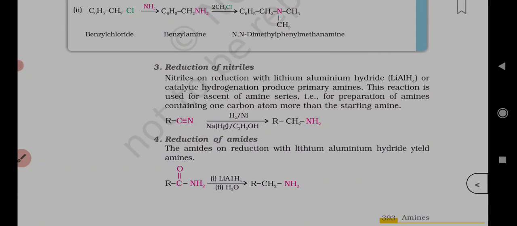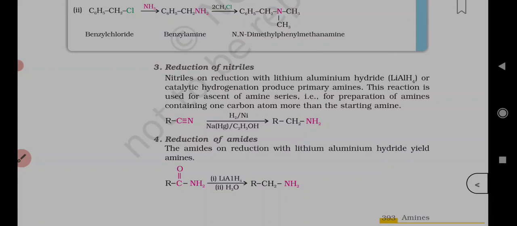Instead of hydrogen, K+ will be there, so N−K+, which on heating with alkyl halide followed by alkaline hydrolysis produces the corresponding primary amine.